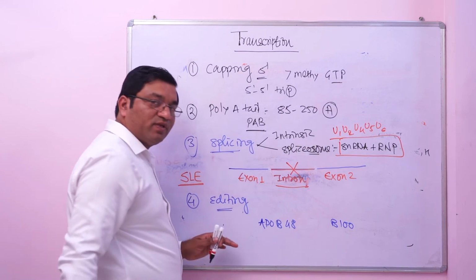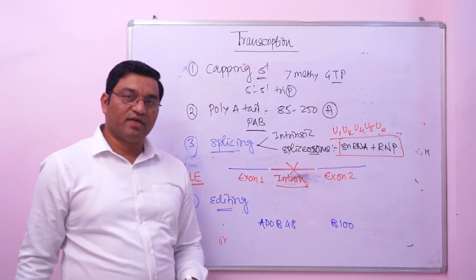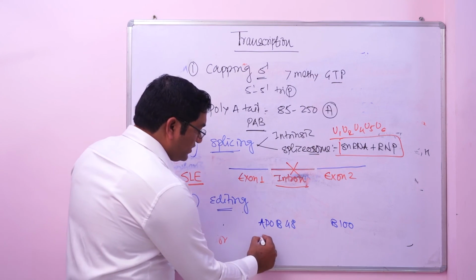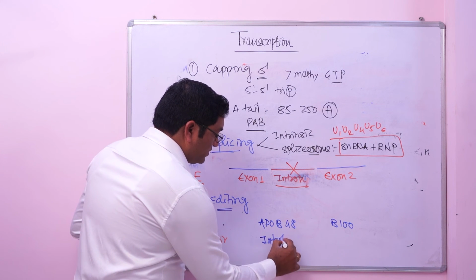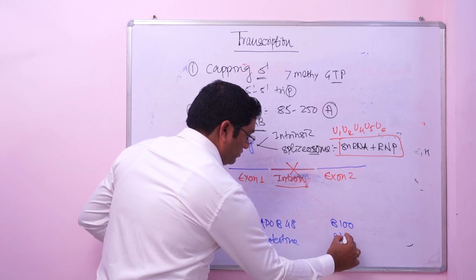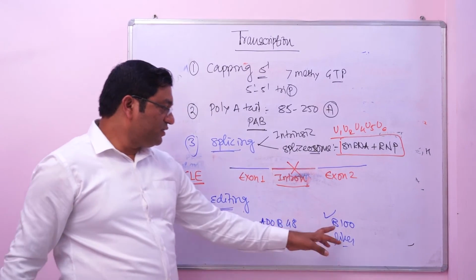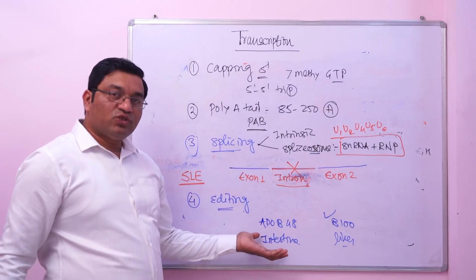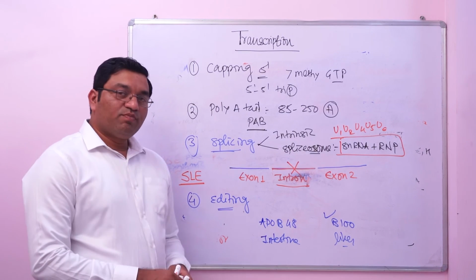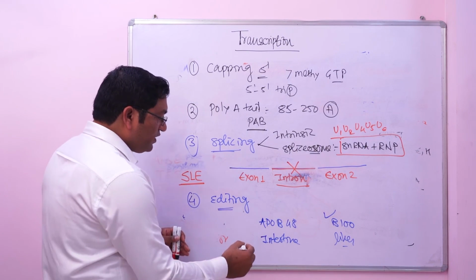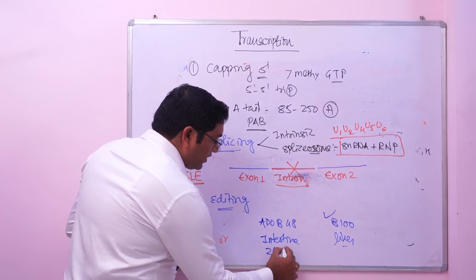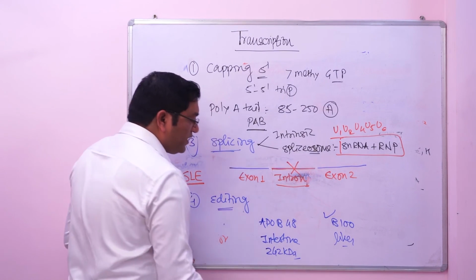They are produced from the same mRNA, but one is synthesized in the intestine, one is synthesized in the liver. So here the complete production is there in the liver, B100. While because of premature termination, only the shorter polypeptide is produced.